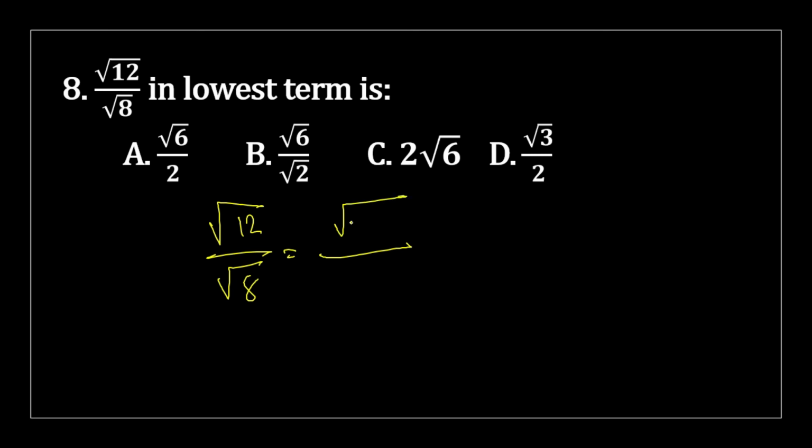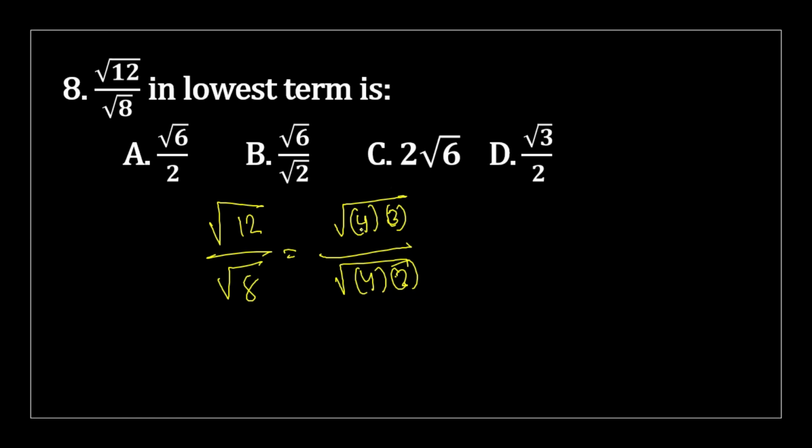So you can express root 12 as root of 4 multiplied by 3, and on the bottom, you can express this as root of 4 multiplied by 2.